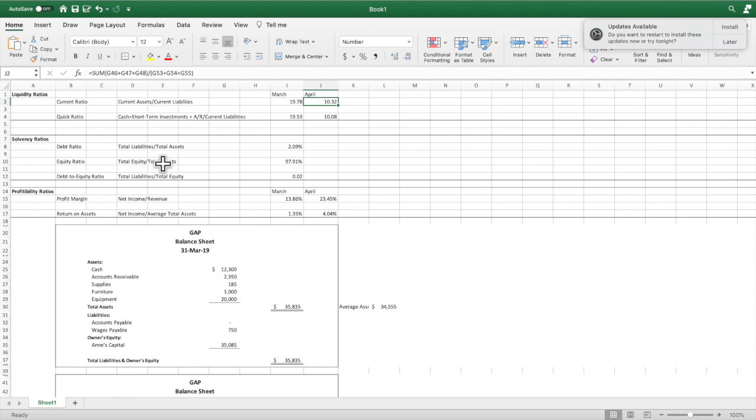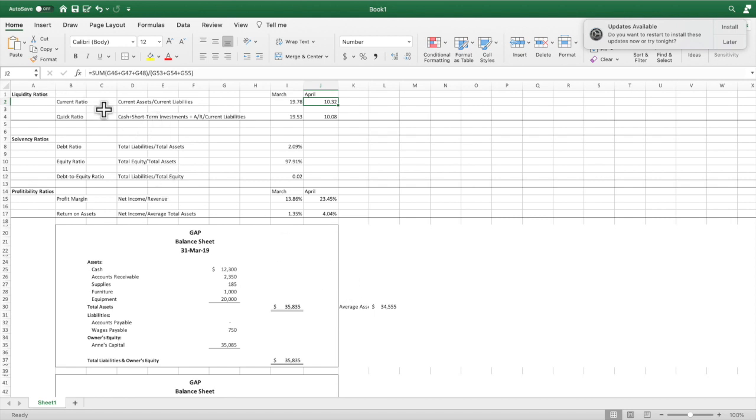Both are ways of telling how well the company is going to meet its debt obligations. So we're going to look at Greater Athletic Performance and see how well they are meeting their debt obligations in March and in April. I'm going to walk you through how to input the formula in Excel.